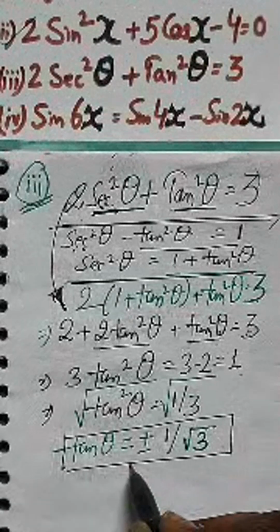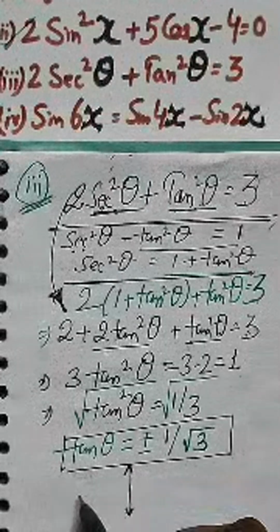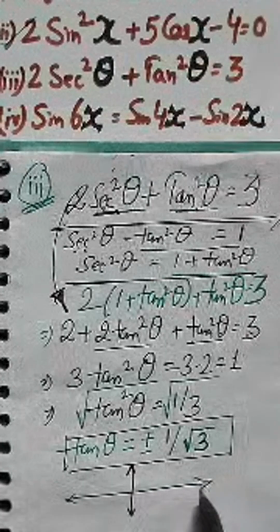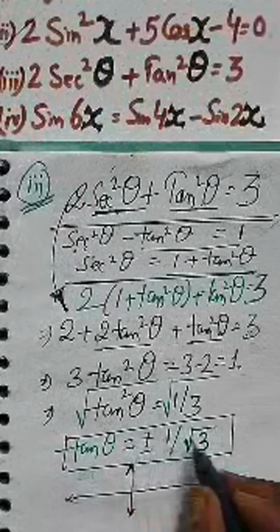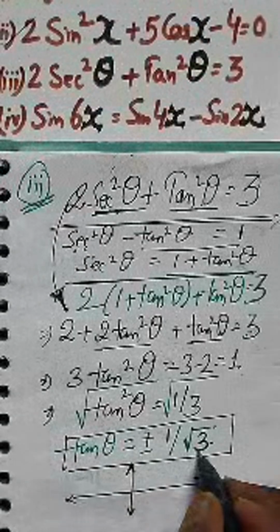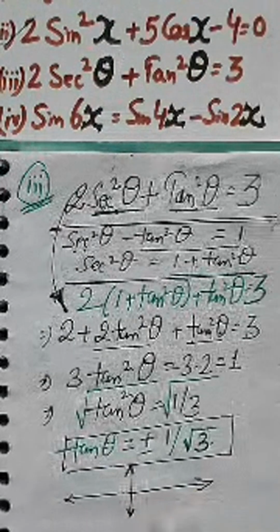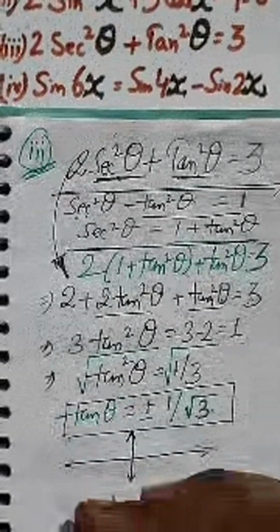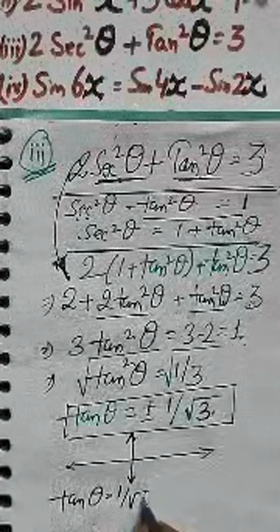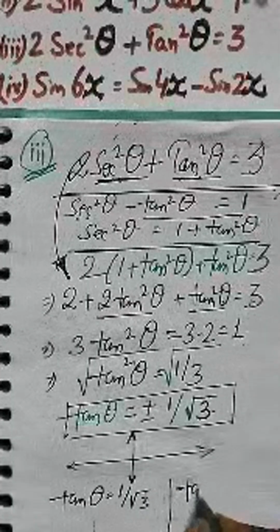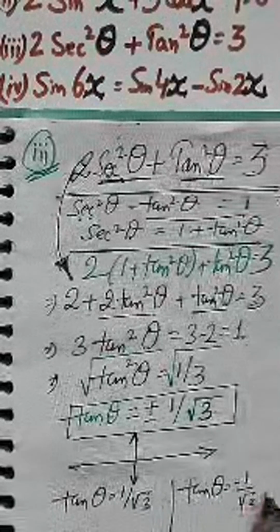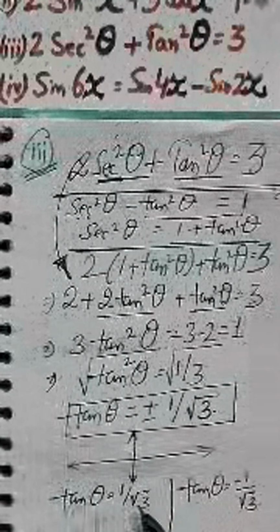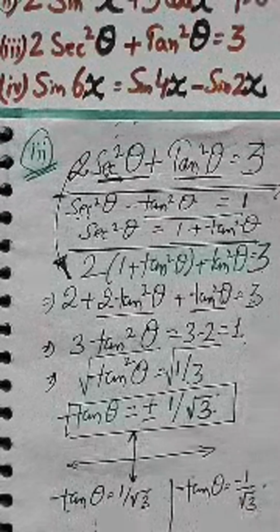So again, if you take the 4 quadrants, first of all, take the value of tan theta equal to 1 by root 3 separately, and tan theta equal to minus 1 by root 3 another time. So tan theta equal to 1 by root 3 will be happening when?